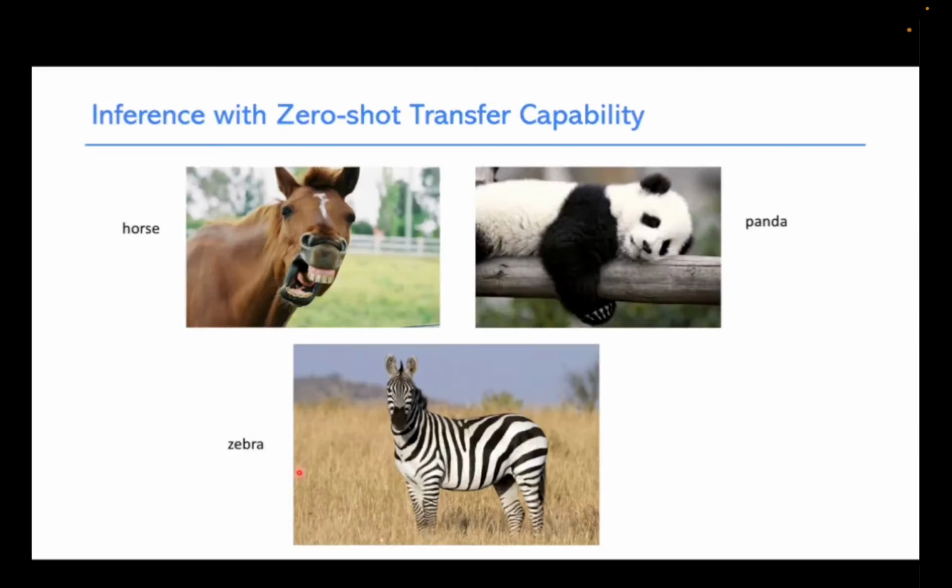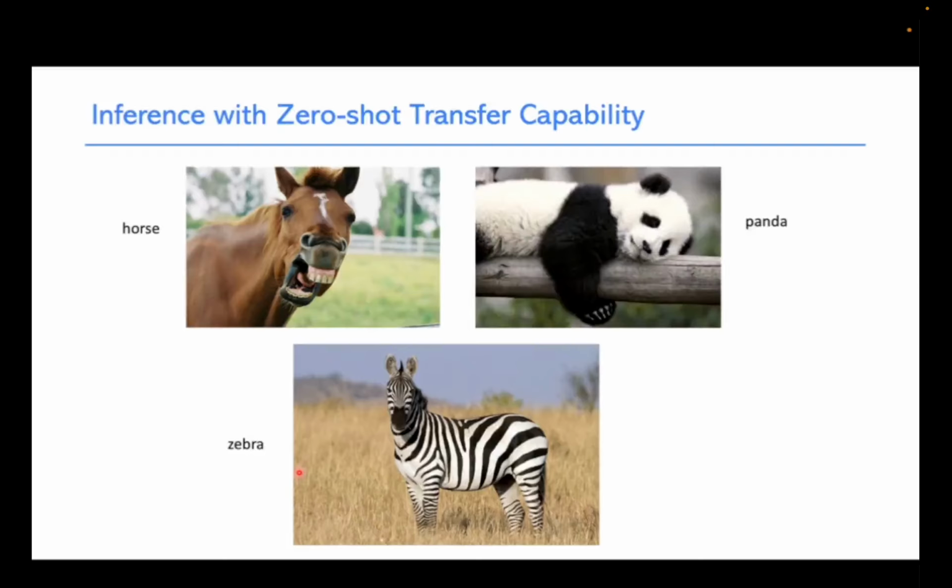However, in the traditional image classification task, which is trained on image labels, the model can only make predictions on the data that it has already seen in the training dataset. It won't be able to classify the image of a zebra if it has never seen a zebra before.